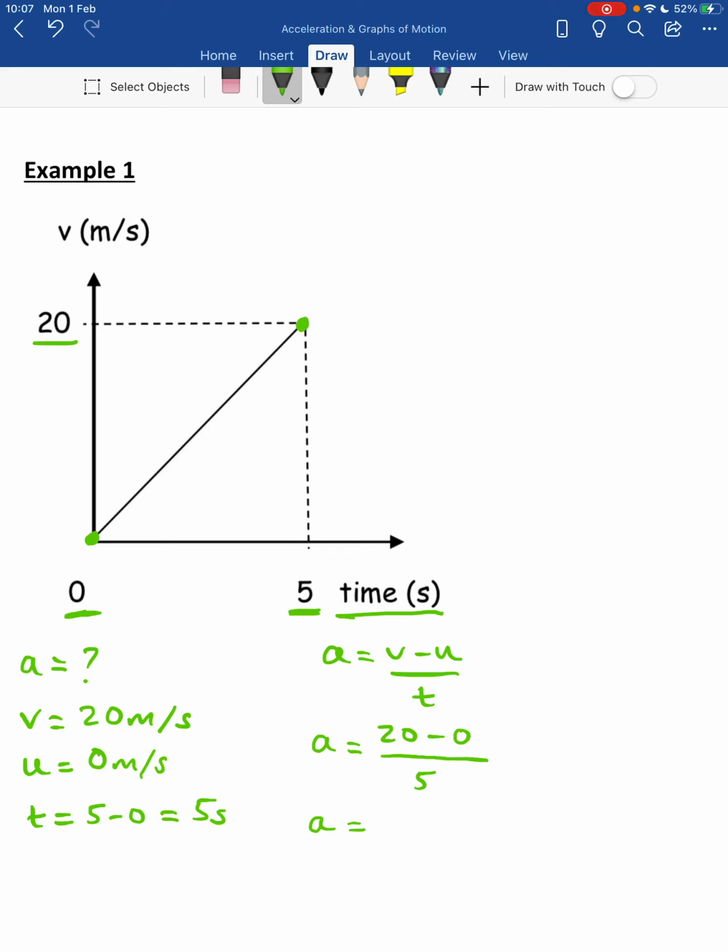I want to simplify the top line. 20 take away 0 is just 20, and that gets divided by 5, makes it easier for me to get my final answer. 20 divided by 5 would give me 4 meters per second squared. And it's a positive answer because the line is going diagonally upwards.